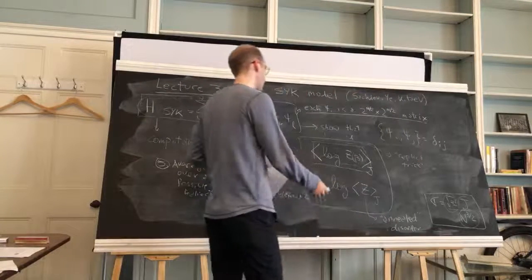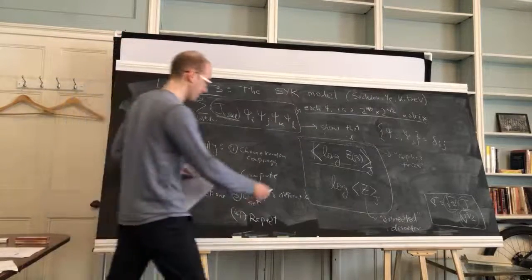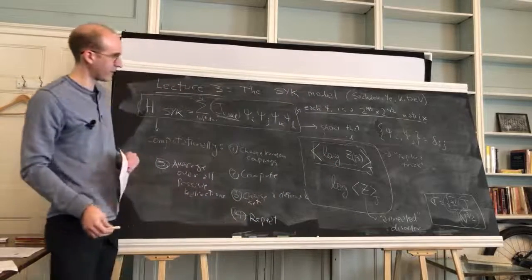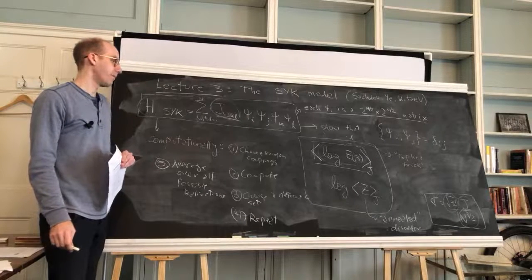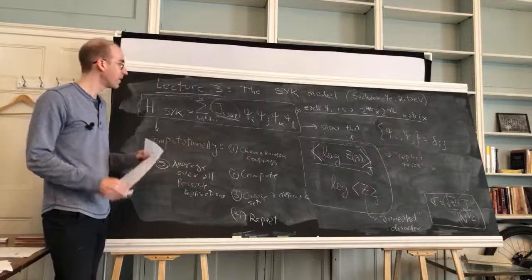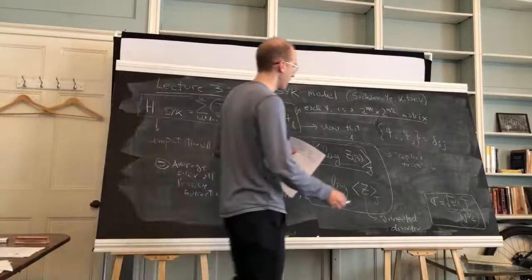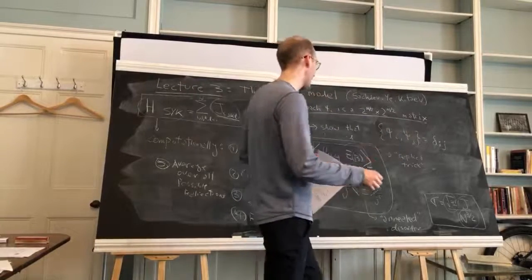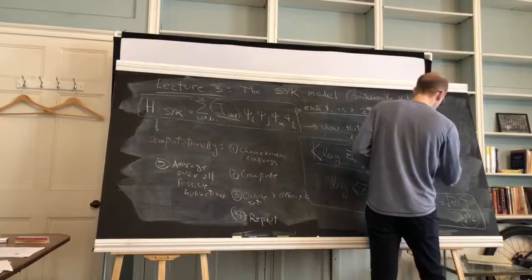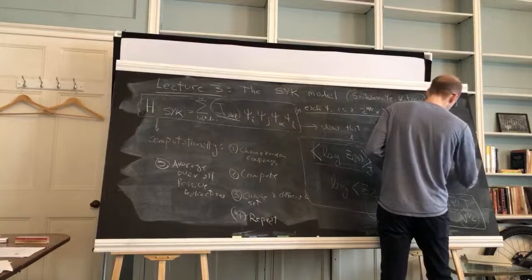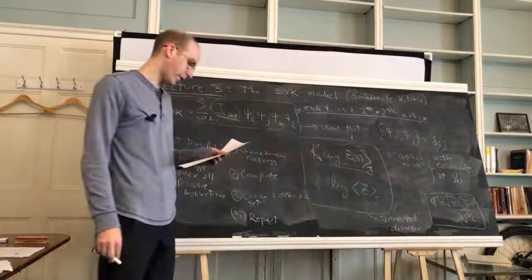What you need to do is to consider many copies of the model. Taking the log is hard, so instead of taking the log, we take powers of Z. But it's usually a hard procedure, and it's maybe a bit of an a posteriori result, but in SYK, up to order 1 over n, both approaches coincide, at least in the large n limit.